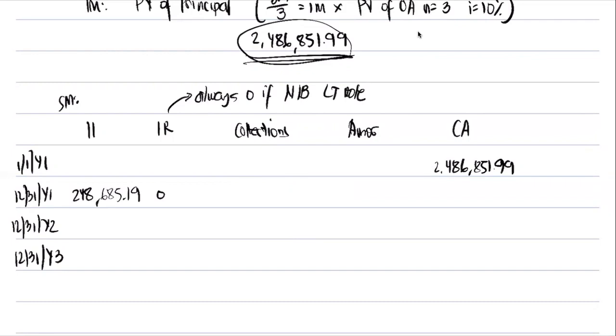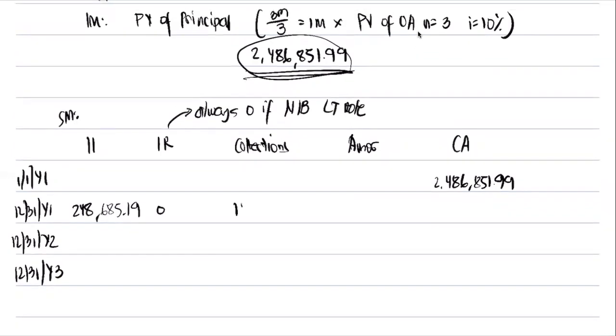So collections, we have now a principal repayment of 1 million each year. So amortization is equal to interest income less interest received less collections. So we have here a value equal to 751,314.80.